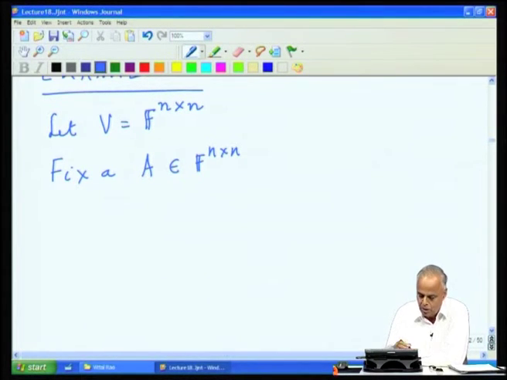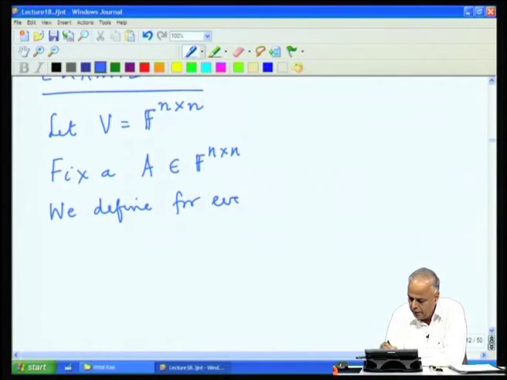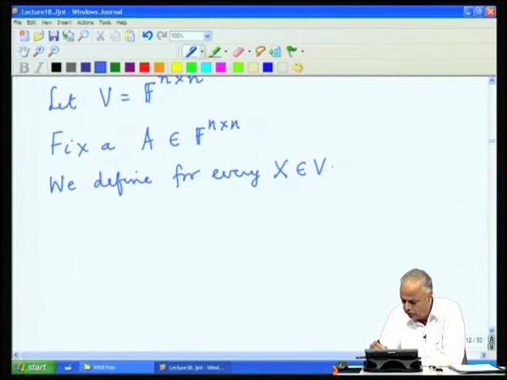How do we do this? So, we define, for every X in V. What are the elements of V? They are all matrices. What type of matrices? n by n matrices, and the entries are all over the field F. So, V is F^(n×n) here.